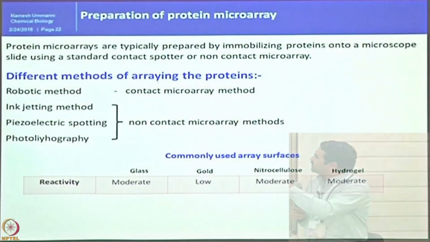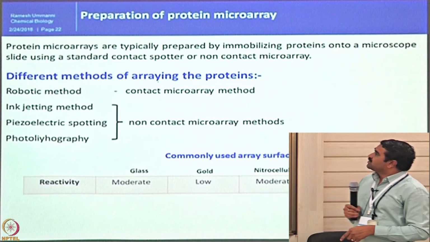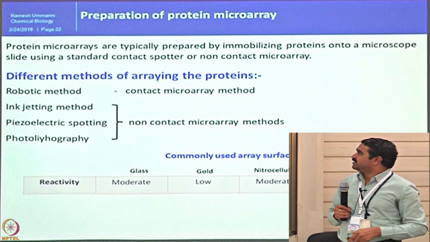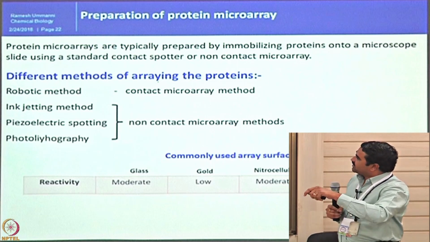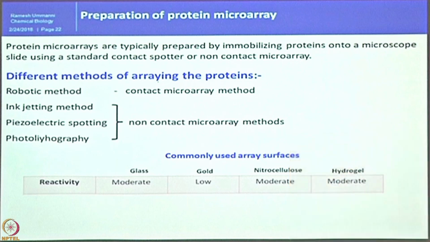And also you can use a wide array of substrates. But in the RPPA approach, we need matrix-coated glass slides. This matrix can be anything: glass directly, or gold, or nitrocellulose, or hydrogel. Every substrate or surface has its own advantages and disadvantages. Glass has moderate reactivity towards the substrate, gold is low, nitrocellulose is moderate and hydrogel is moderate.